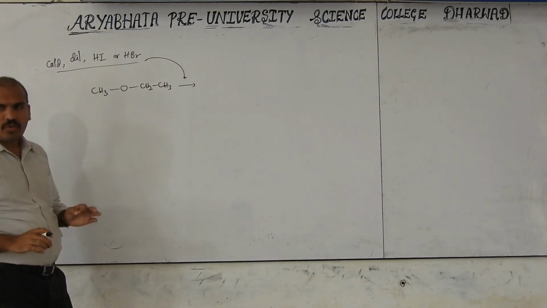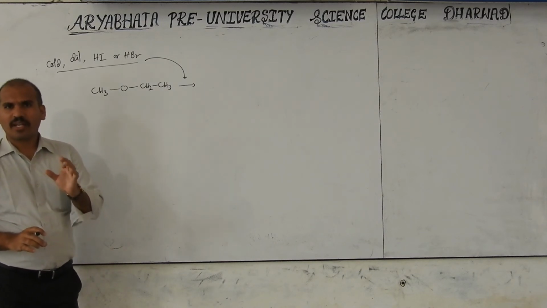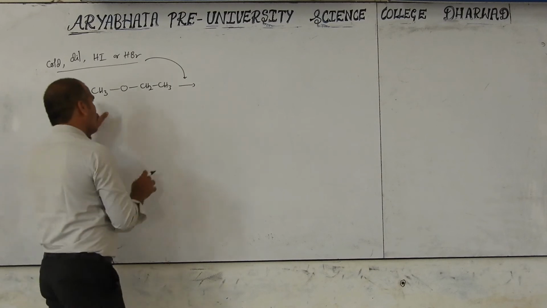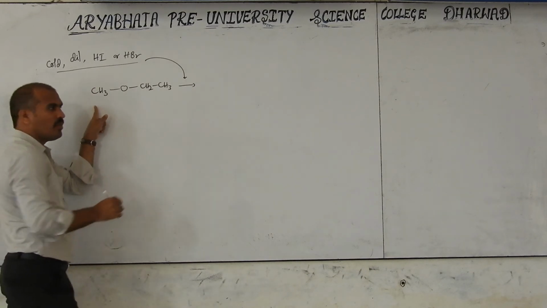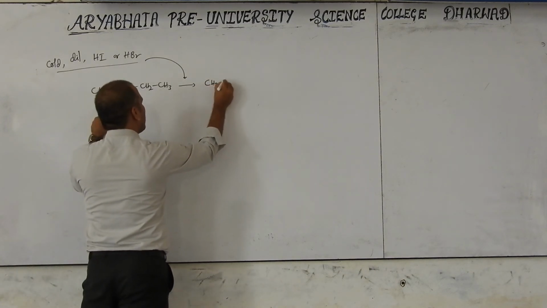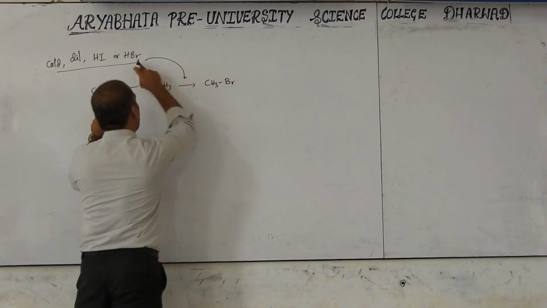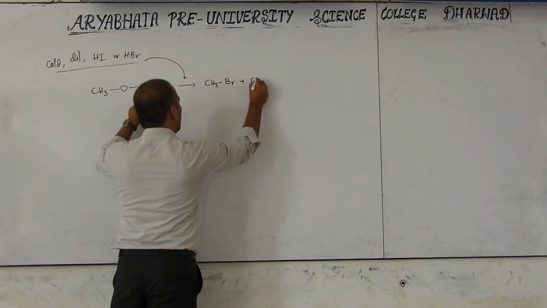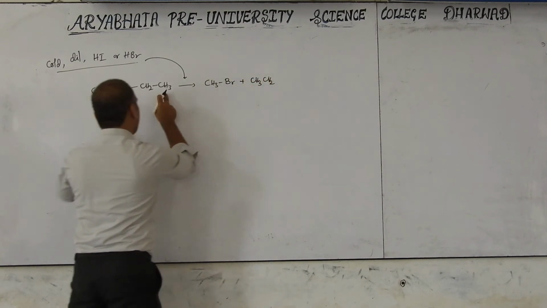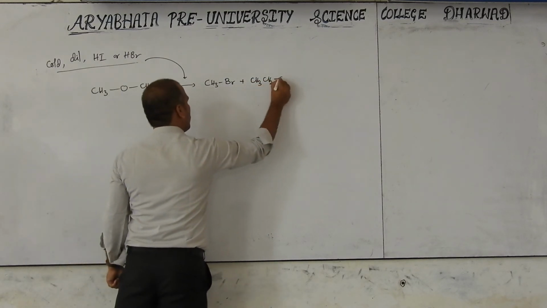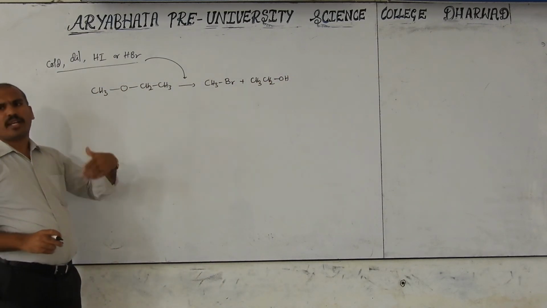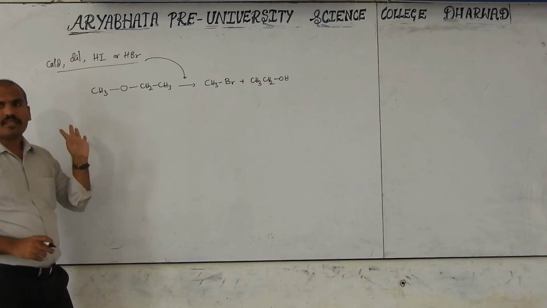Now, according to cold and dilute, the smaller group gets the halide and the larger group gets the H. The smaller group is CH3, so we get CH3Br and CH3CH2OH, because we are using only 1 mole of HBr or HI.